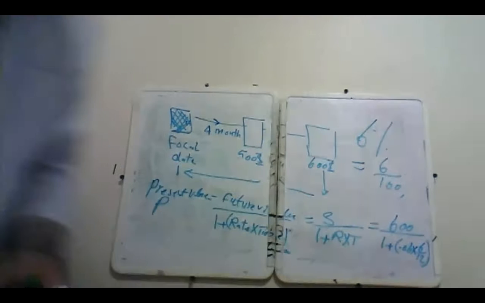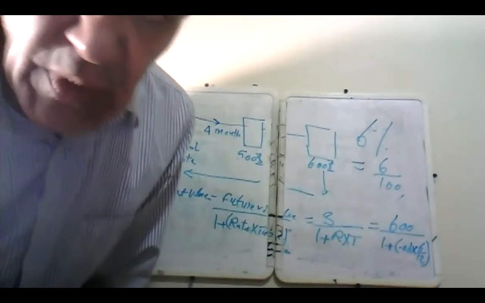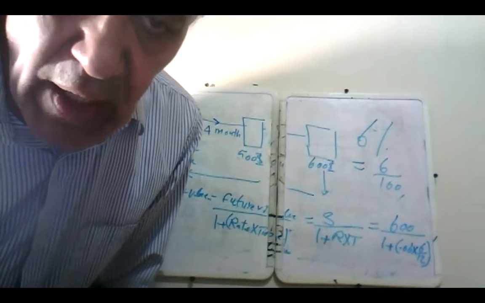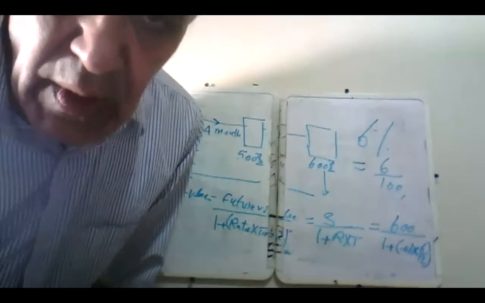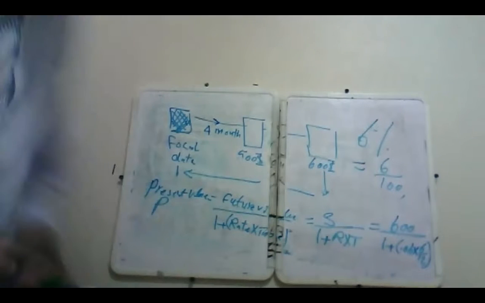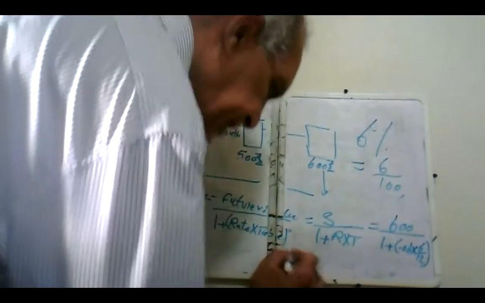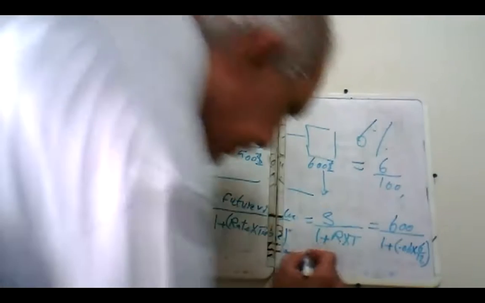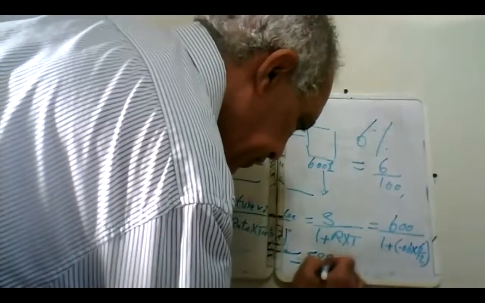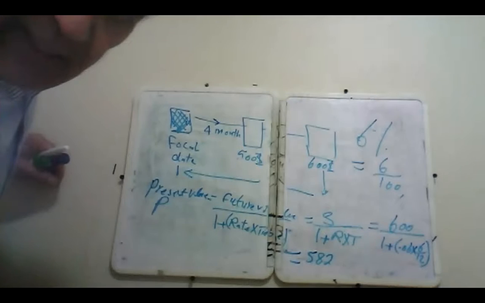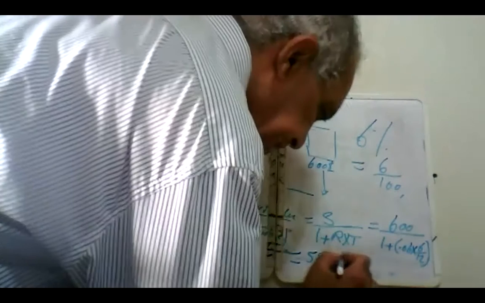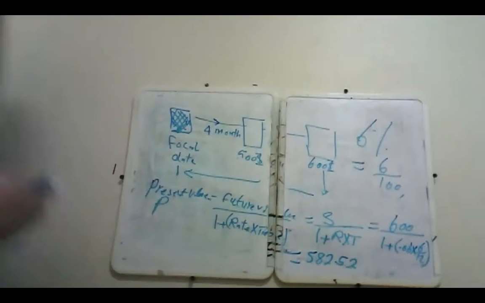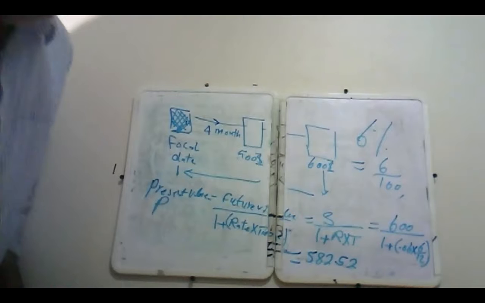So this comes to $582 plus 0.52 cents. What's the meaning of this?